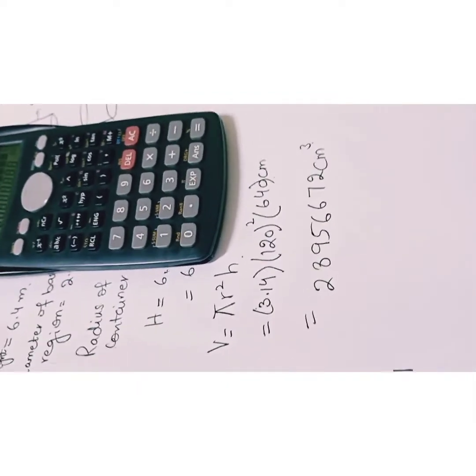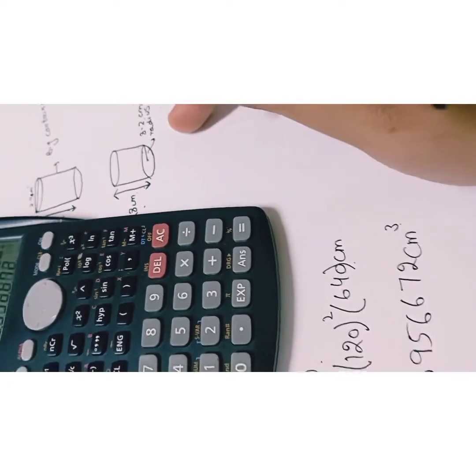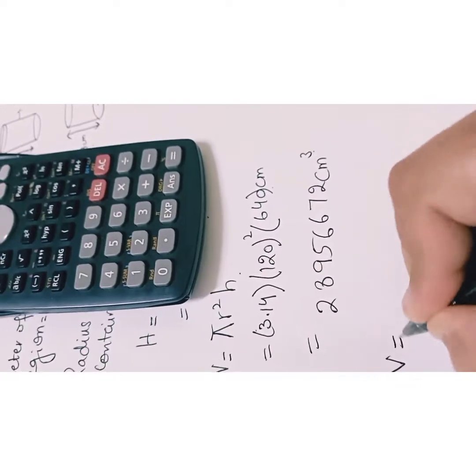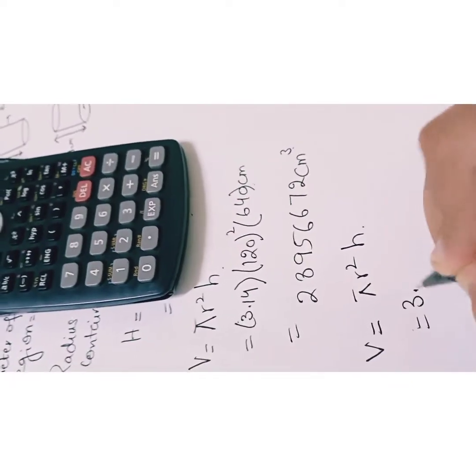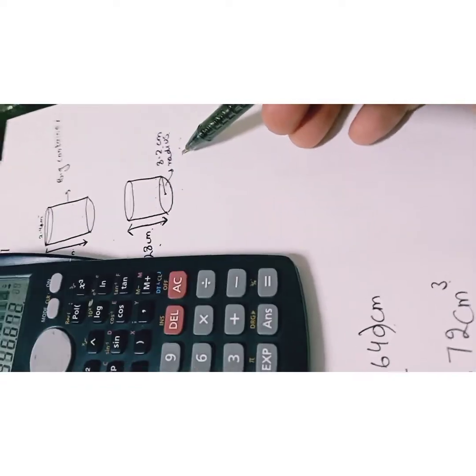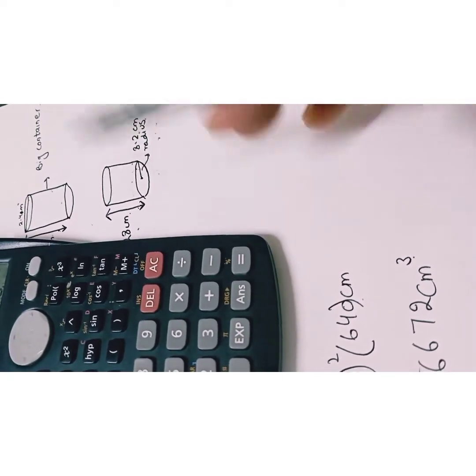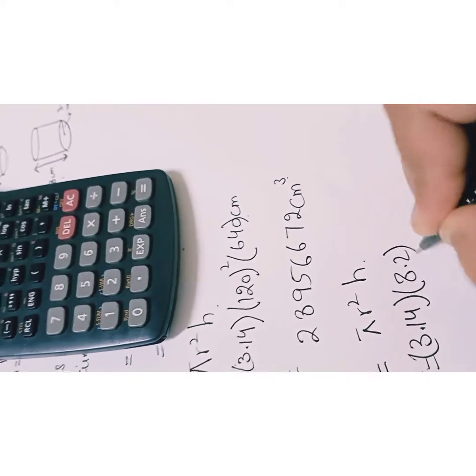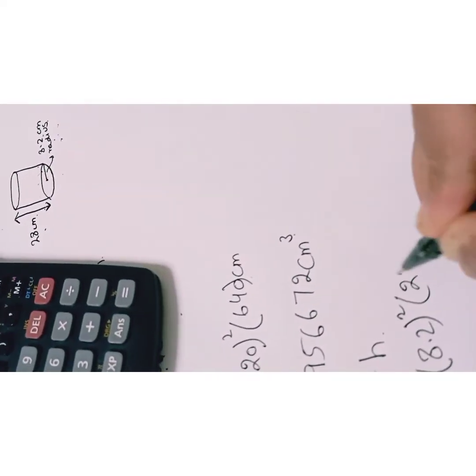Now we will calculate the volume of the small container, which is the capacity of the small container. Again, it's pi r square H, and the same value 3.14 of pi. Now the radius is already given as 8.2 centimeter, so no need to convert the diameter into radius. We will be using 8.2 square, and the height is also given in centimeters, so we'll be taking 28.